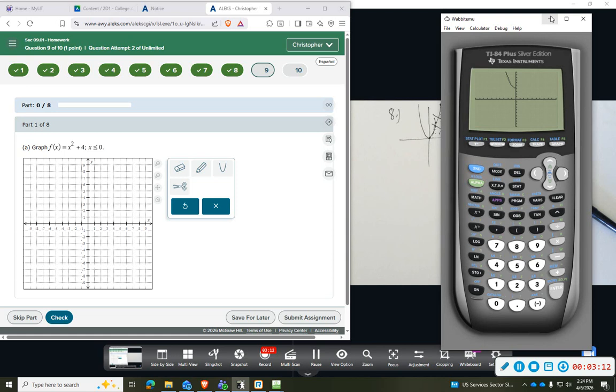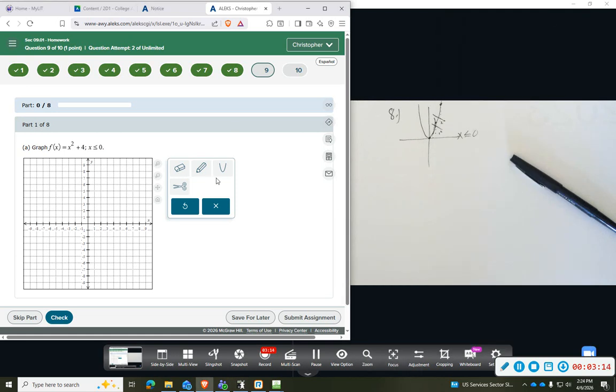All right, so what we're going to do, we're going to plot some points. So this is a parabola centered at 0, 0, but it's shifted up 4 units. So I'm going to go up 4. If you were to plug a 0 in, 0 squared is 0 plus 4, so you get the point 0, 4. Then if you go left 1 and up 1, you'll get that point.